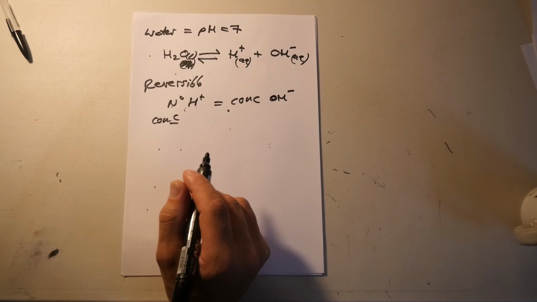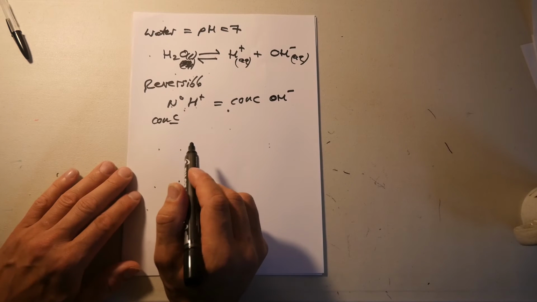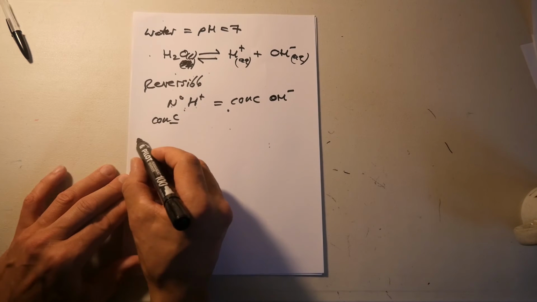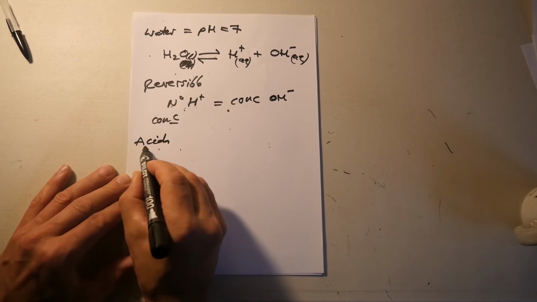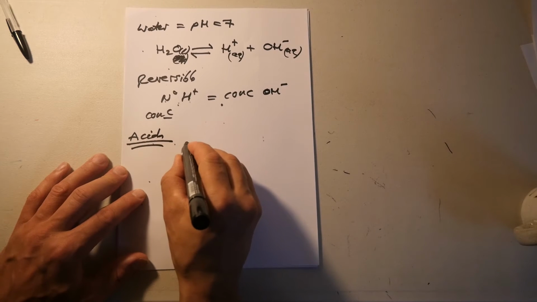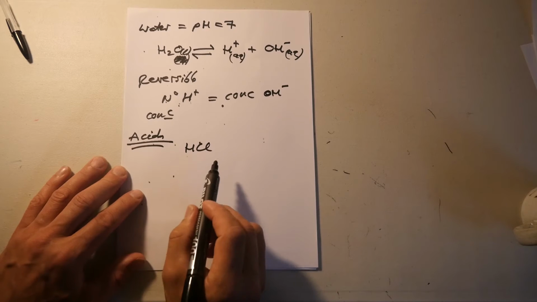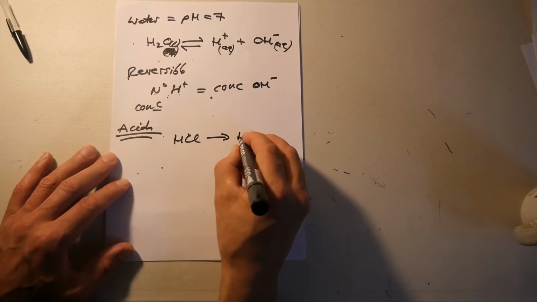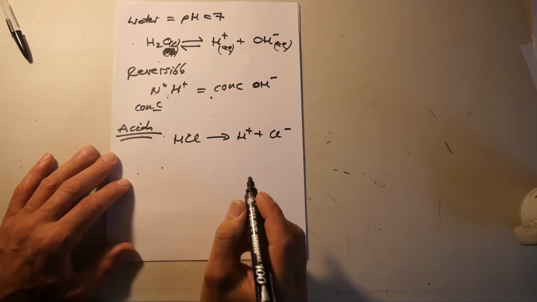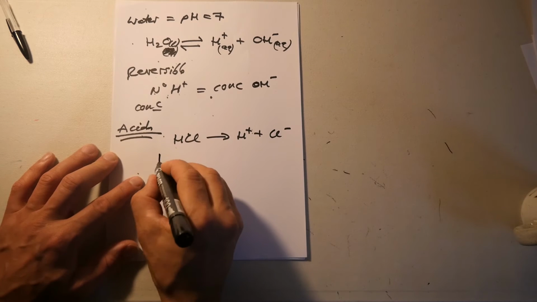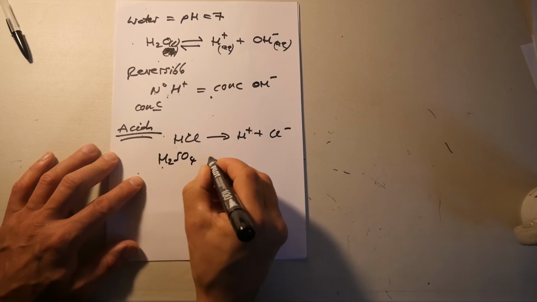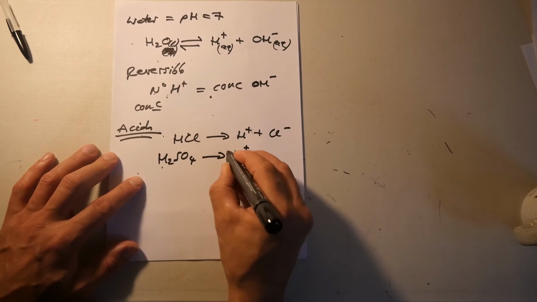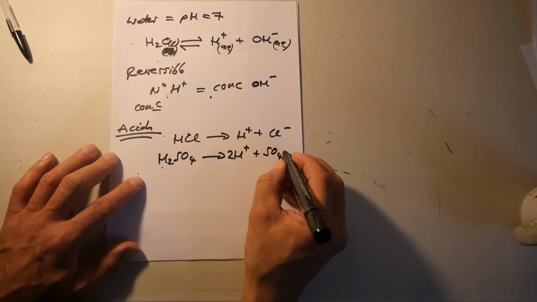So yeah, you get examples of acids. These include hydrochloric acid, okay, which breaks up into hydrogen ion plus chloride ion. You get sulfuric acid, which breaks up into H plus and SO4 2 negative.